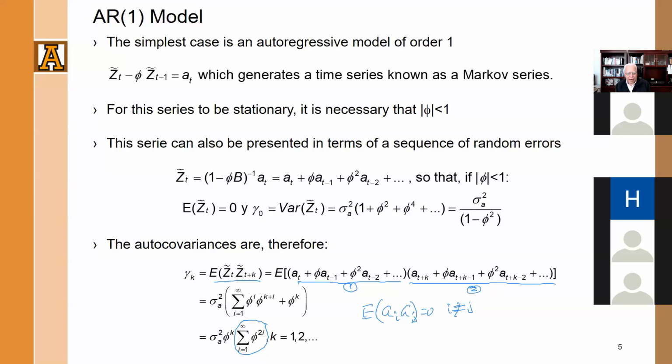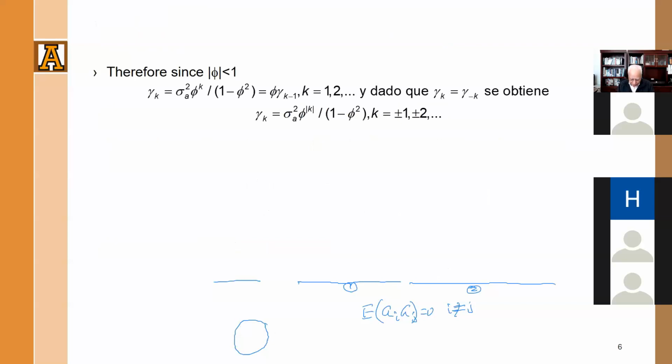Okay, so the variance doesn't depend on t. The covariances are constant and do not depend on t. They only depend on k, the separation in time. Okay, and that's what it says here.